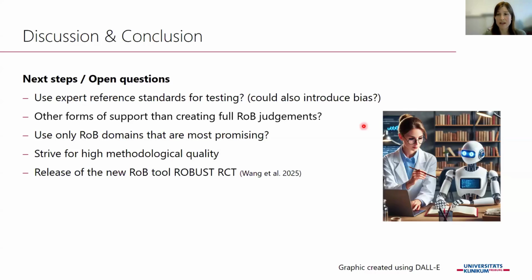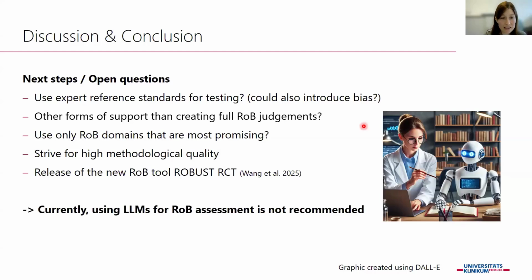I don't know because I haven't tested it myself, but it will be interesting how humans will perform on that, what the agreement between humans will be, and how LLMs will be able to conduct risk of bias assessment using this tool. To conclude in one sentence: currently using LLMs for risk of bias assessment is not recommended, from my point of view and from the results I presented here.